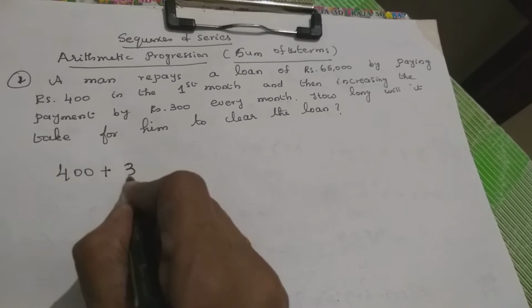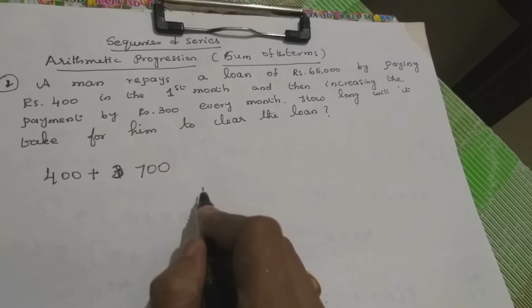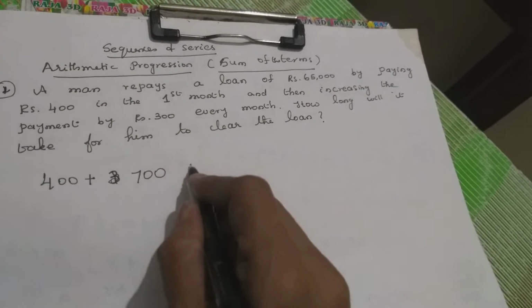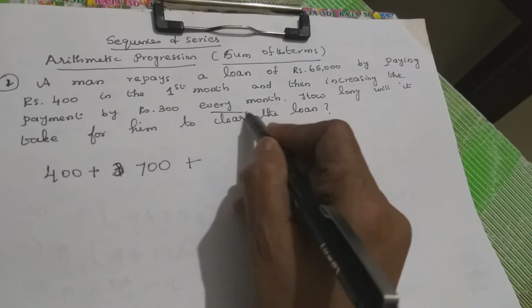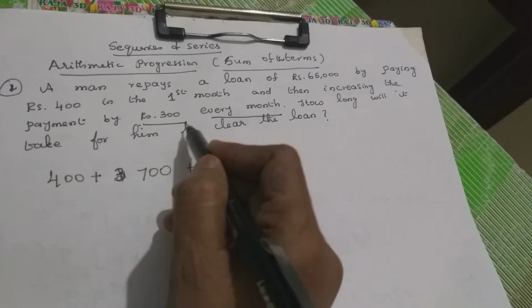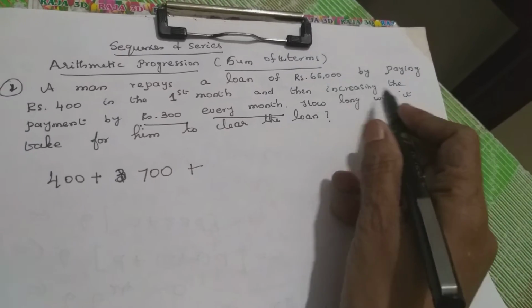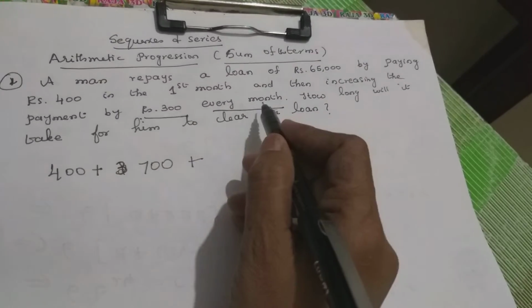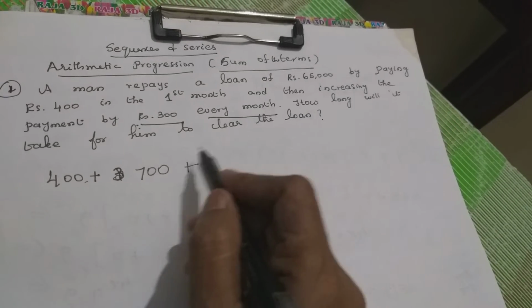So the second month is 400 plus 300, which is 700. Listen to this carefully: 300 is added from the second month onwards, and every month you have to add 300 to get the next month's payment.